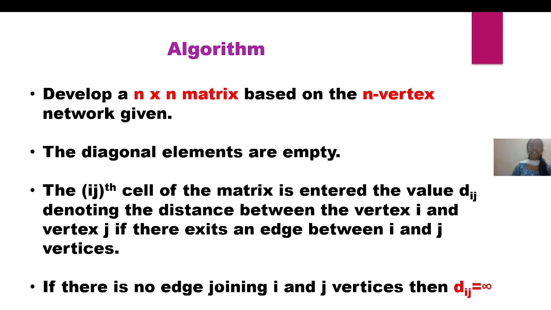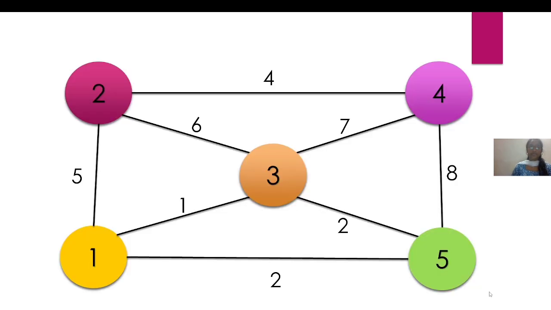If there is no edge joining i and j vertices, then dij will be equal to infinity. Now, in our case, it's an undirected edge-weighted graph, meaning that we can go from vertex 1 to vertex 2 with the edge weight 5 and vertex 2 to vertex 1 with the edge weight 5 again. We can go from vertex 2 to vertex 3 and vertex 3 to vertex 2 with the edge weight 6.